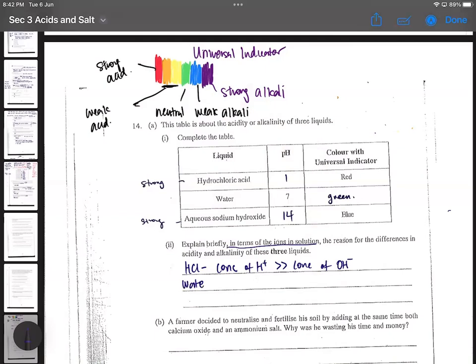For water, because it's neutral, the concentration of H plus will be the same as the concentration of OH minus. And for the alkaline, we'll have the concentration of OH minus more than the concentration of H plus. Okay, that's all.